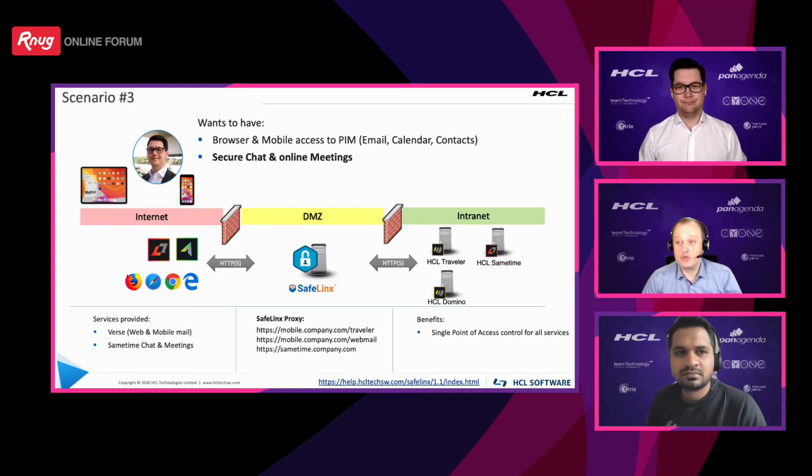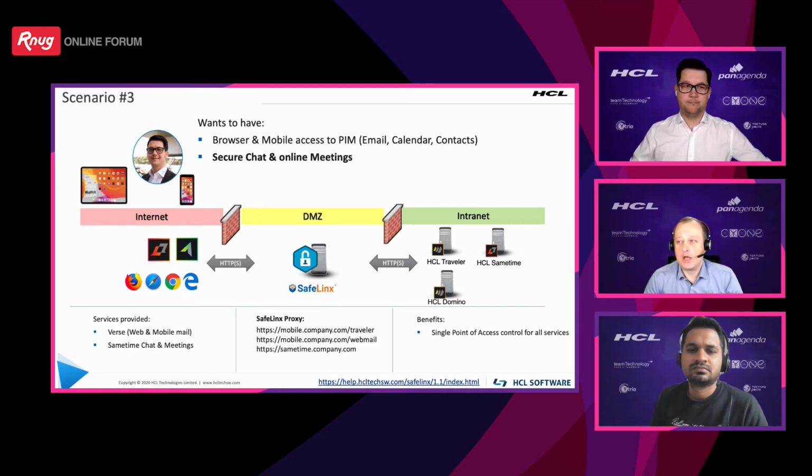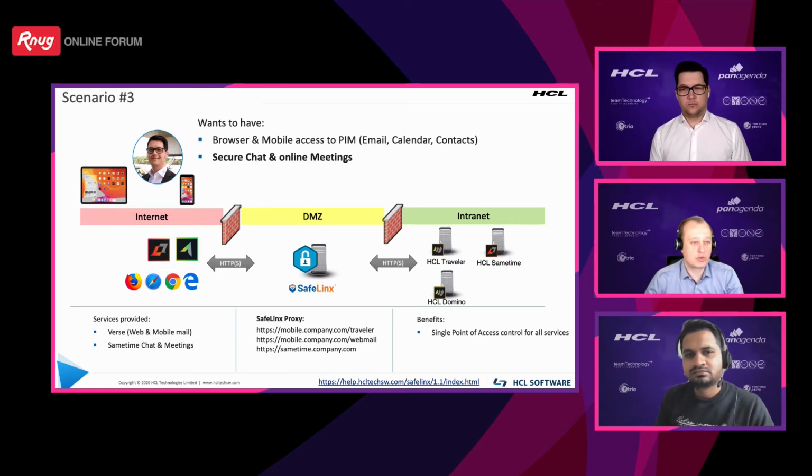What you would have to do on your side is to either install the HCL Sametime mobile apps on the phone or use your web browser to host online web meetings with audio and video. That means while you are on the road, or when you work from a home office, you can quickly set up a virtual conference to talk to your customers, to talk to your peers, and help them out.